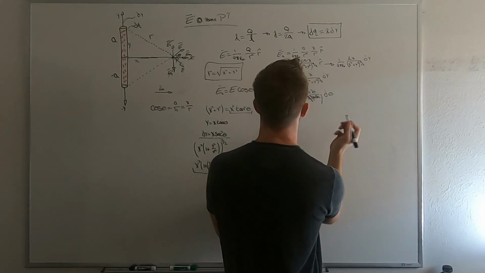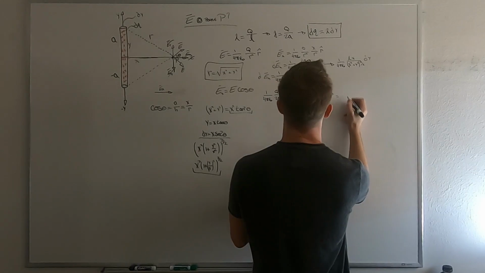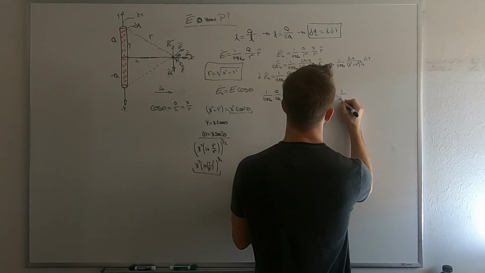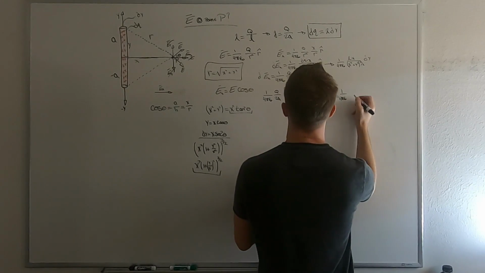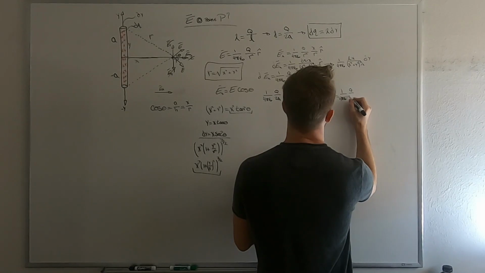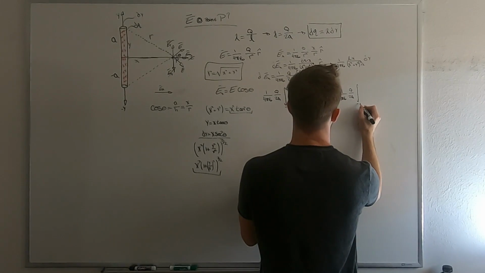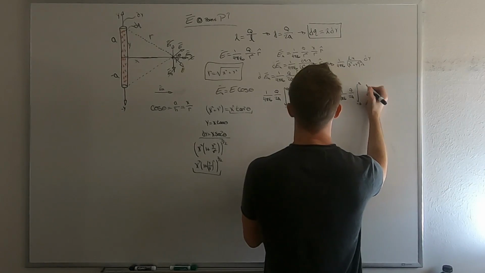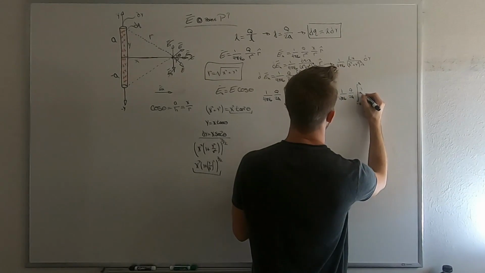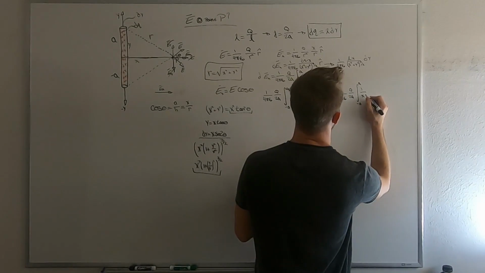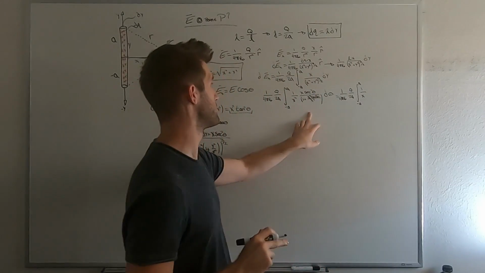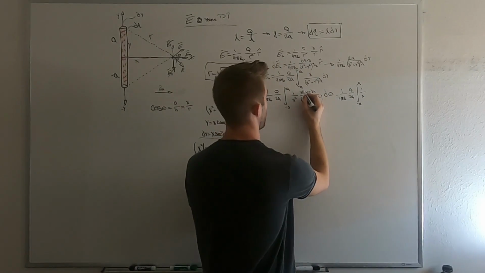And then let's see what that looks like. So we're going to have 1 over 4 pi epsilon naught times q over 2a, and then we got from negative a to a, and then we got 1 over x squared. Actually, keep in mind, at this point we can cancel out our x's, right?